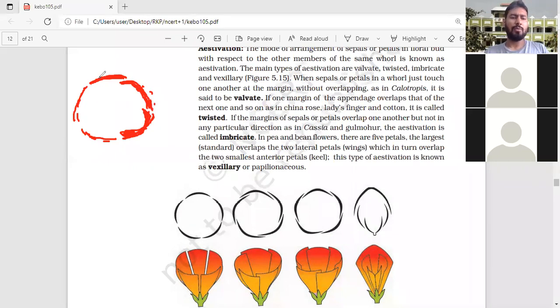One outside, now you can see this is the outside. This will be going like that.